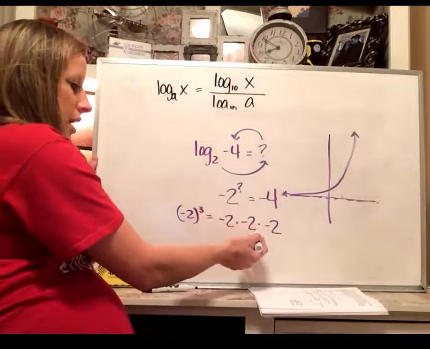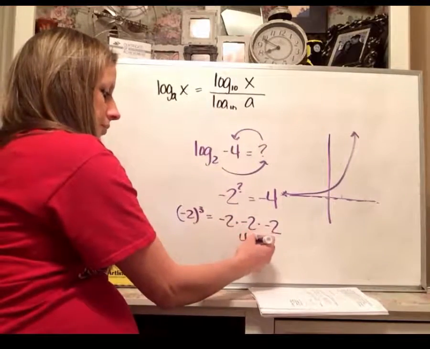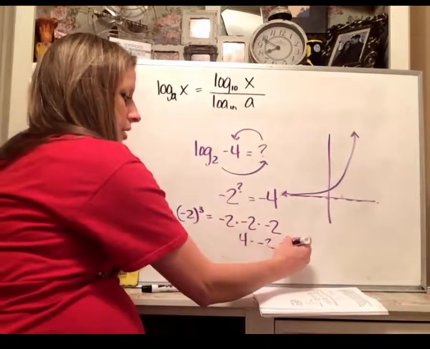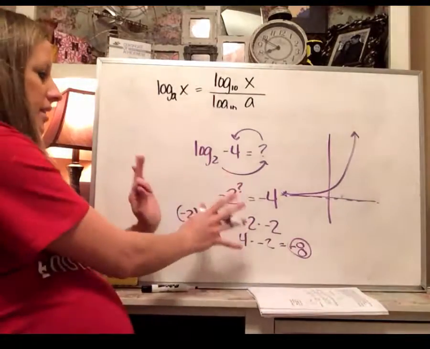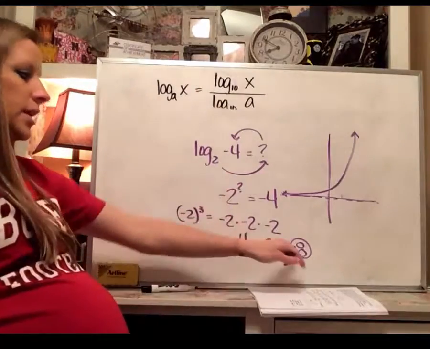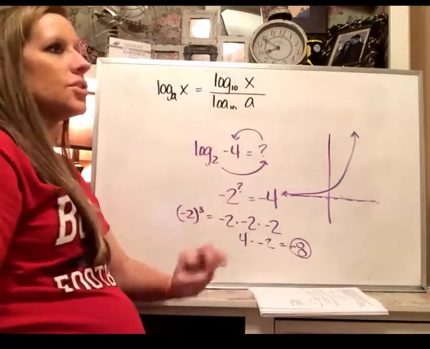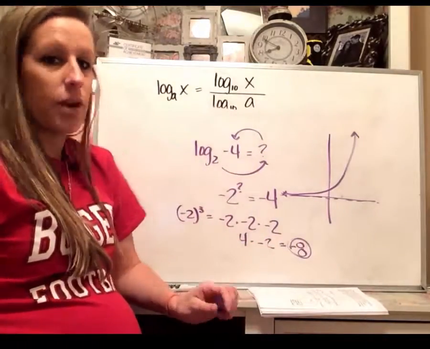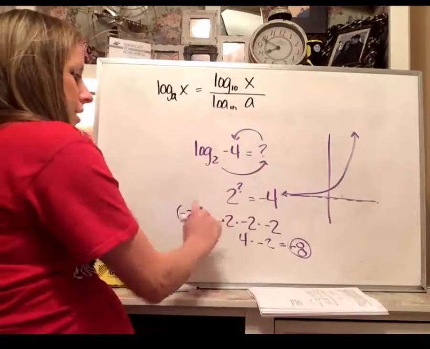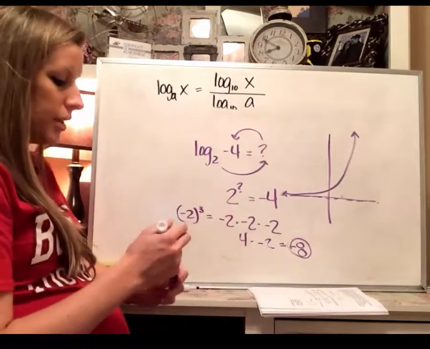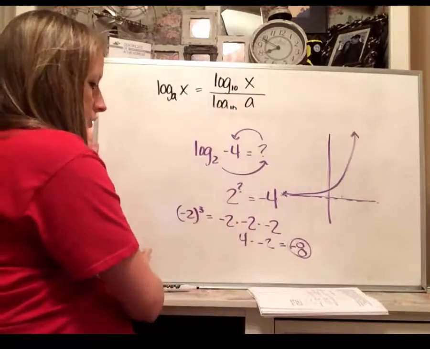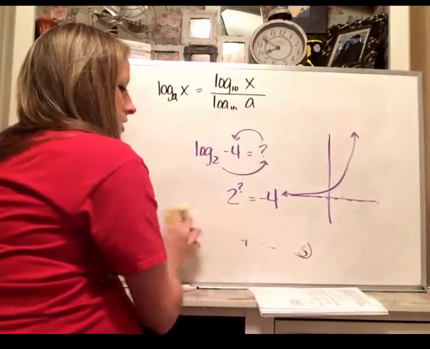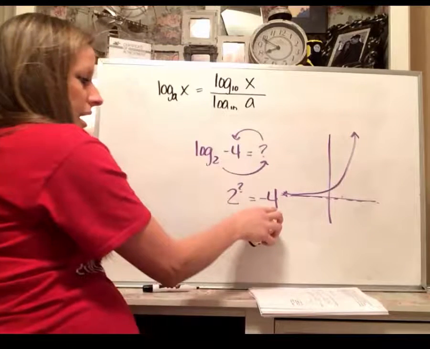So negative 2 times negative 2 is 4. 4 times negative 2 would give me negative 8.